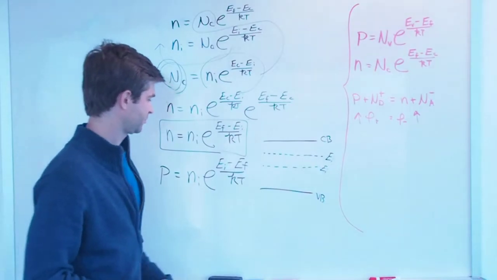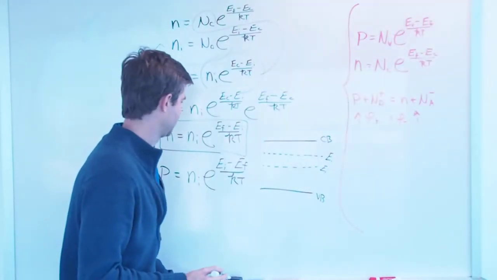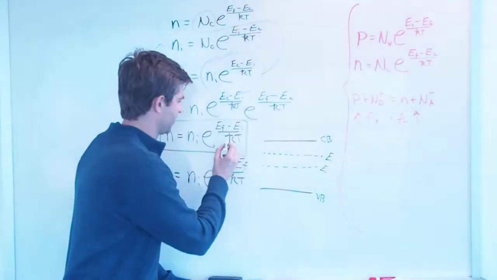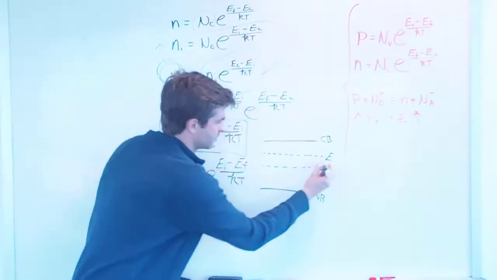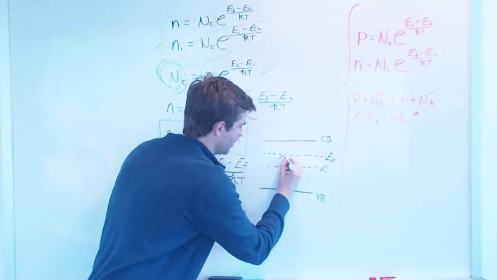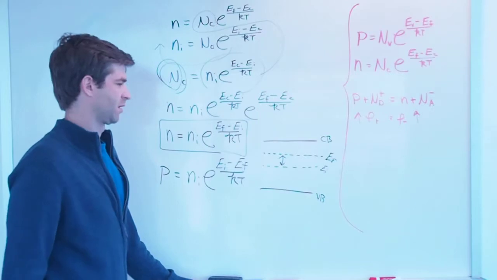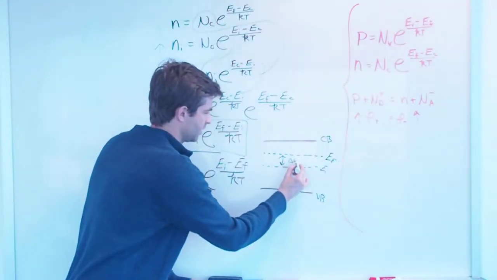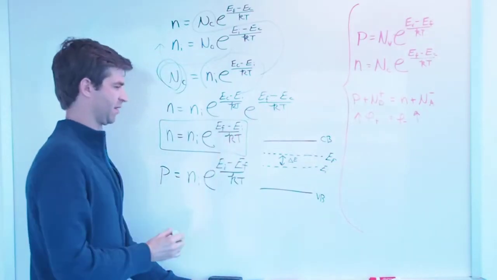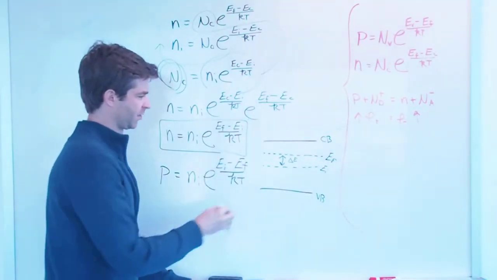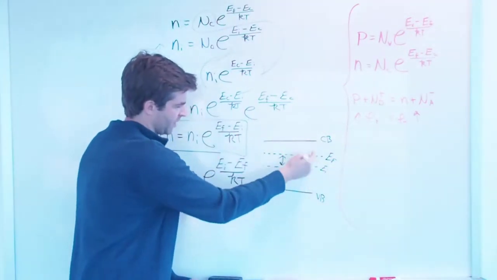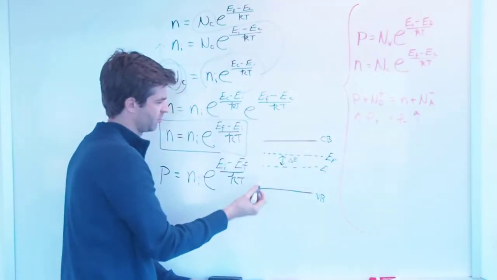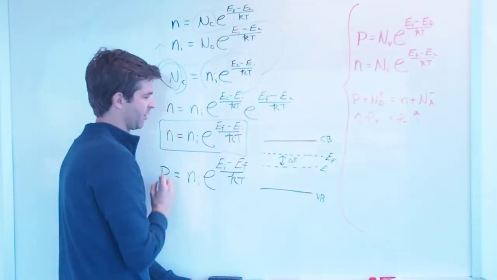And so n is going to be n_i times the exponential of E_F minus E_i, which is a positive quantity. So this delta E is just E_F minus E_i. We'll see that the further E_F is from E_i, or the higher up it is, close to the conduction band, the higher the number of carriers we have.